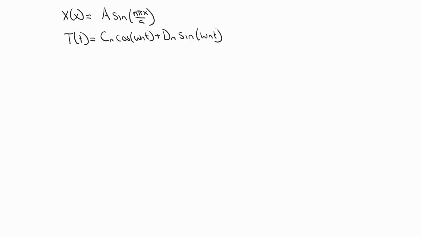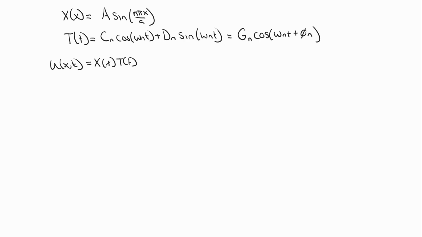And before we actually combine these two functions, as we know, our disturbance function is equal to our spatial times our temporal functions. What we can remember from trigonometry is when we have a sine plus a cosine term, we can write this as one singular trig identity, where we'll make a new constant here. We'll have g of n times cosine of omega n t plus a phase term phi of n.